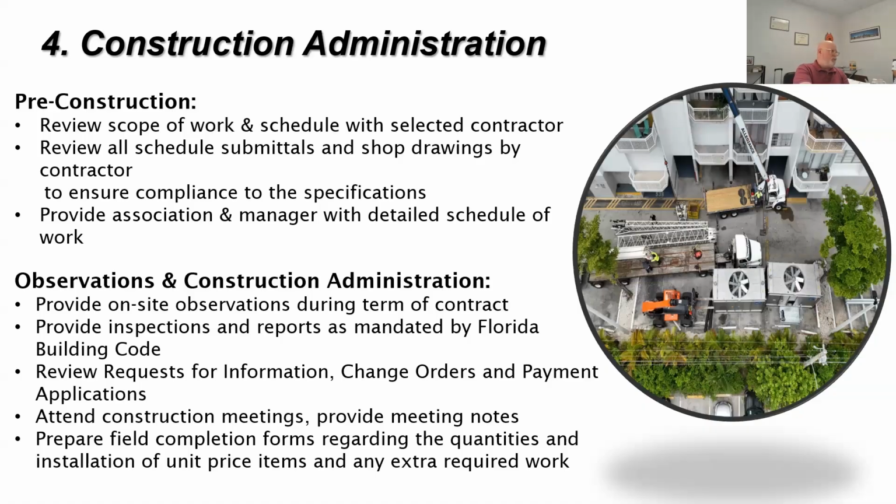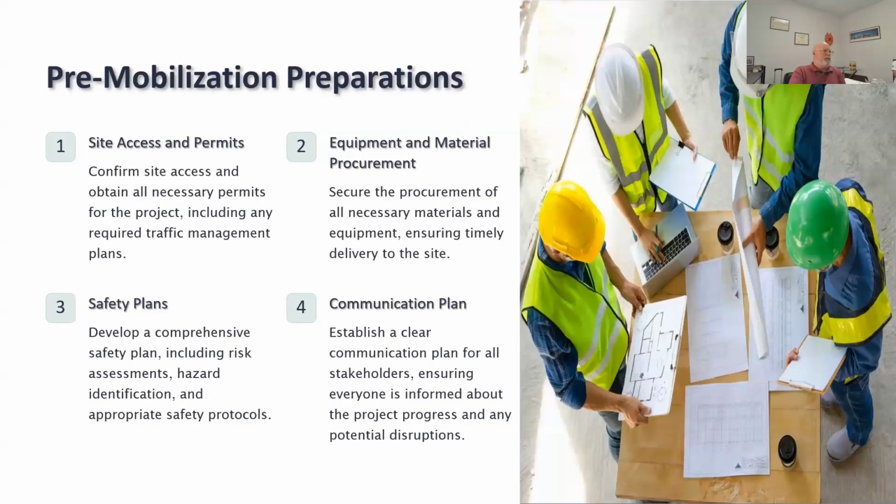So again, the pre-mobilization preparations are critical. We want to make sure that they have everything in place so when the time comes to pull the trigger, it flows smoothly.